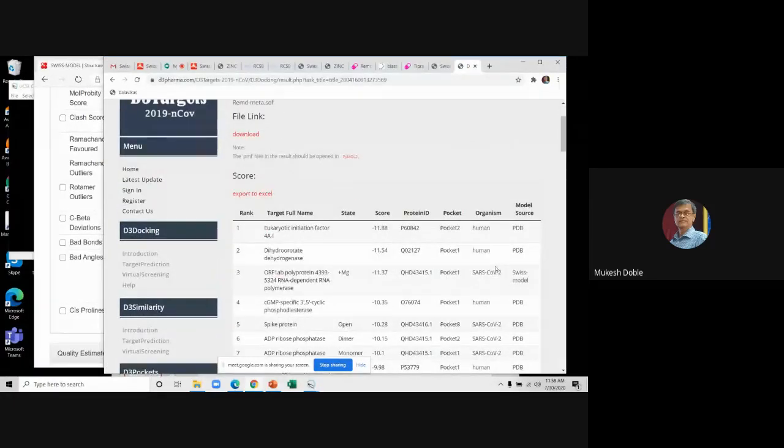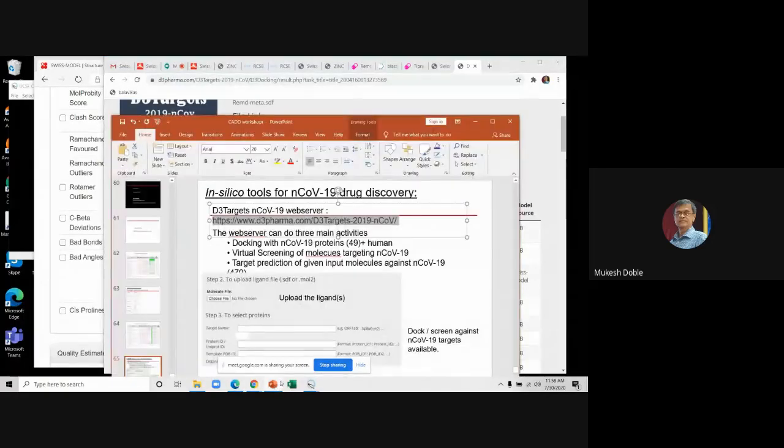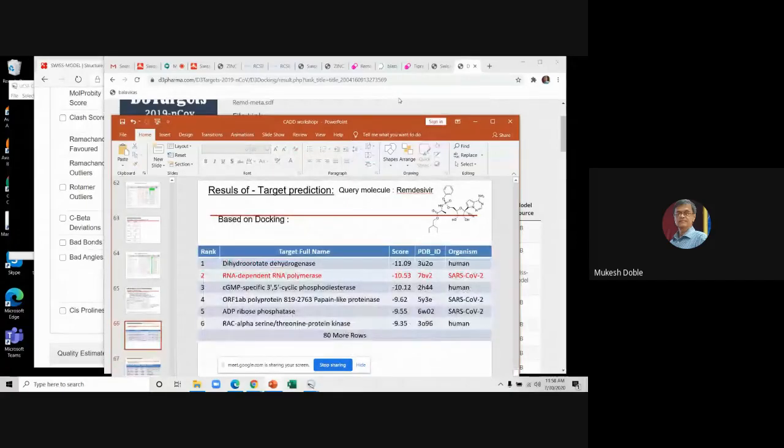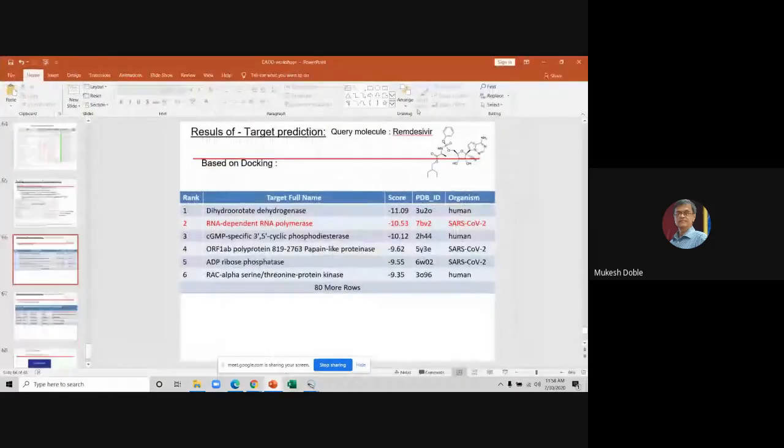Okay, so if we run remdesivir, it gives you different types of possible targets, and it also tells whether it is human or SARS. It arranges them based on the score, based on the highest binding score, and so on. If there are any SARS-CoV targets, we have compiled that. I'll show you the result. So look at remdesivir based on target prediction.